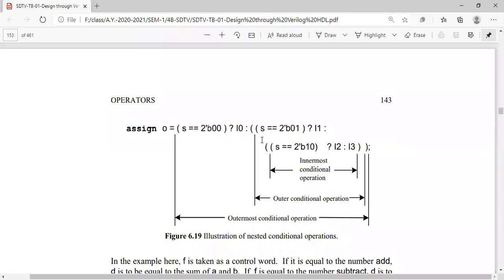See here, first, if the selection line is 1 0 and it is true, that means the selection line is matched, S is 1 0 and this is also 1 0. So which one has to execute? I2 has to execute. If the selection line is not 1 0, then I3 has to execute.